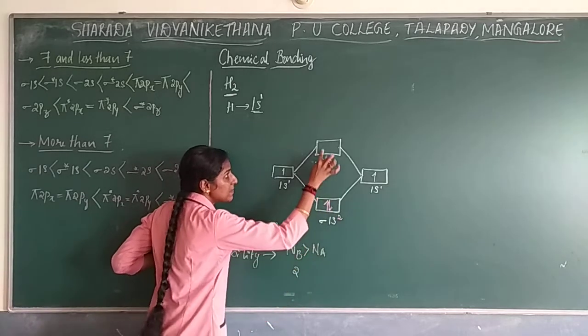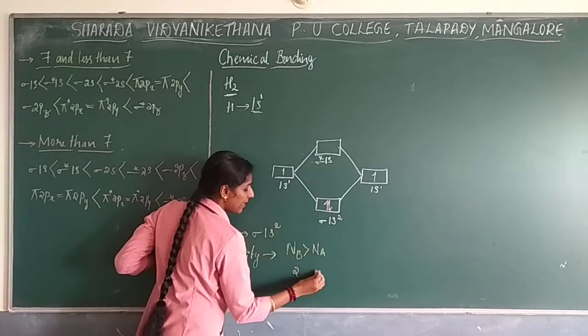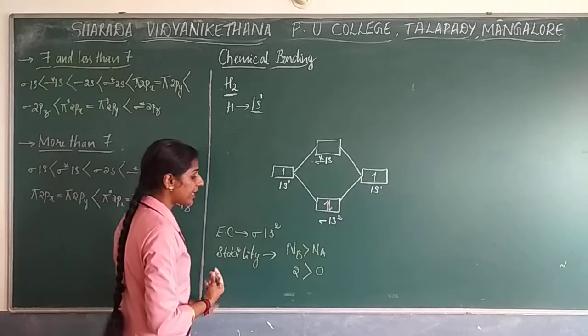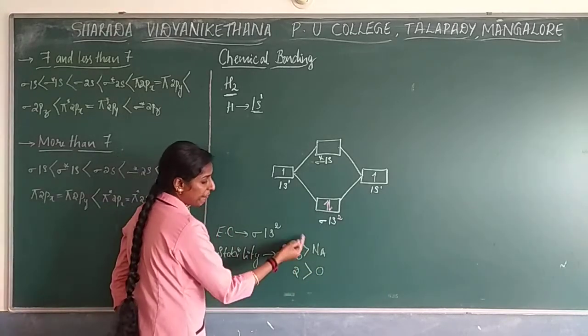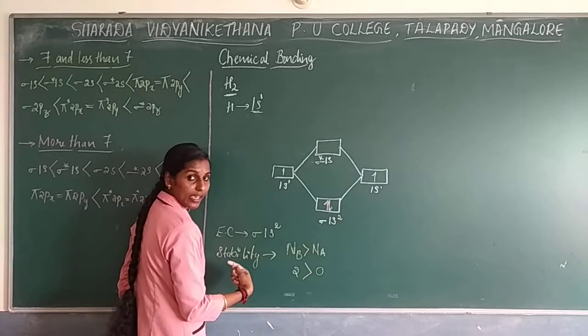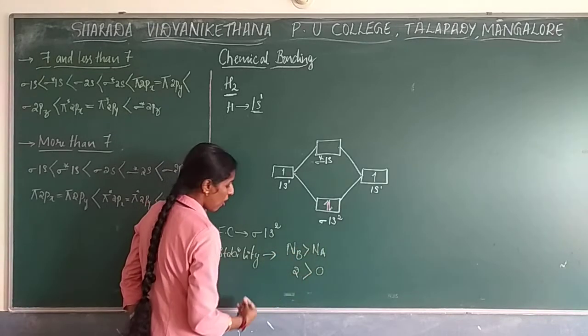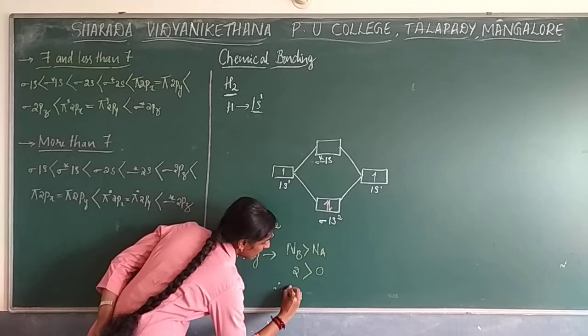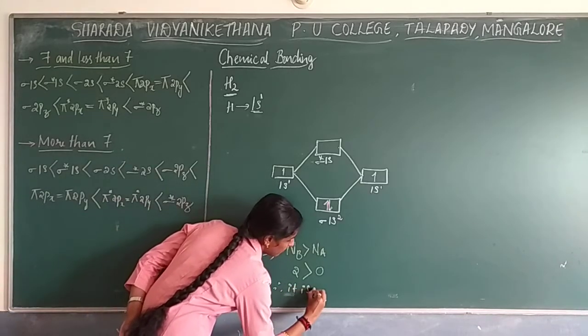The number in the anti-bonding molecular orbital is 0. So obviously 2 is greater than 0. As I have told, if Nb is greater than Na, obviously it has stability. So you can write it is stable.